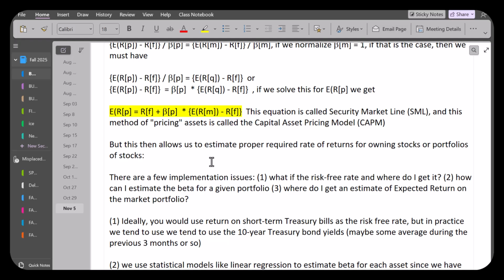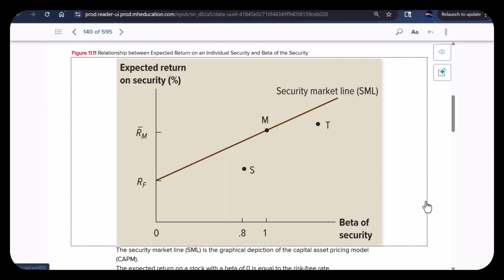This is called the security market line. In theory, if an asset is properly priced, it should place exactly on this line.